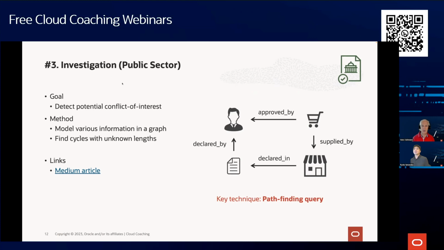The third use case is investigation, especially in public sector customers. In this case, graph database itself is used in national intelligence, police organizations. But in this case, this is a case when we need to detect potential conflict of interest in organizations, especially public sector organizations.